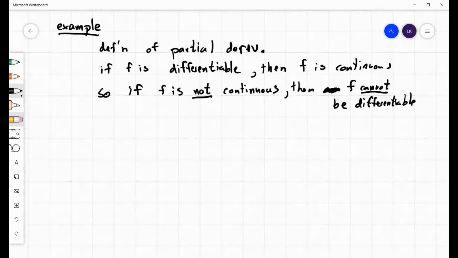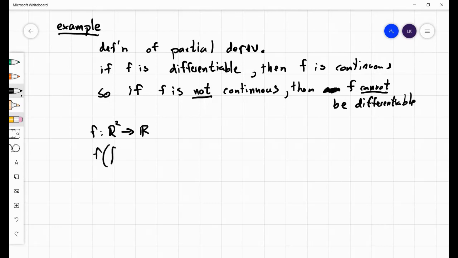All right, so here's the example. It's just a real valued function of two variables, and it's defined by, let's say, xy plus y cubed divided by this business.